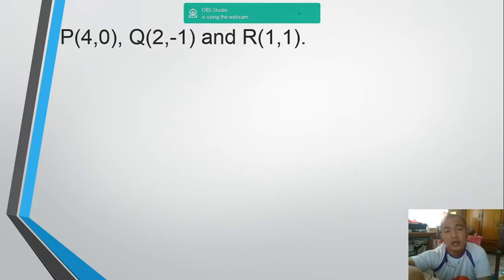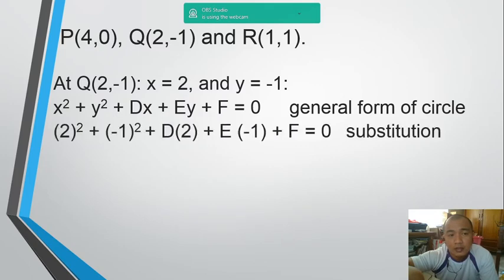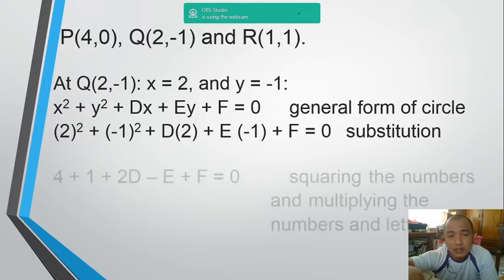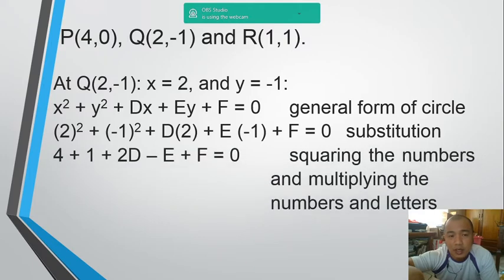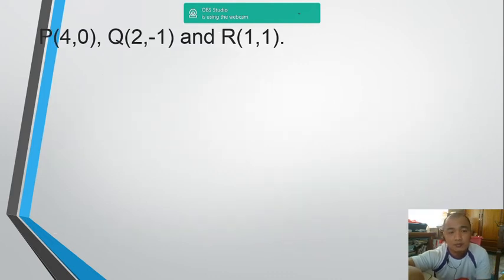Equation 1. Next, for equation 2, we use point Q, 2, negative 1. Yan. Substitution. 2 squared plus negative 1 squared plus D times 2 plus E times negative 1 plus F. We have 4 plus 1 plus 2D minus E plus F. Then add 4 and 1, that is 5. Therefore, equation 2 is 2D minus E plus F plus 5 equals 0.